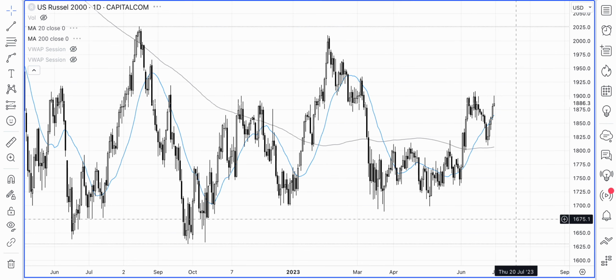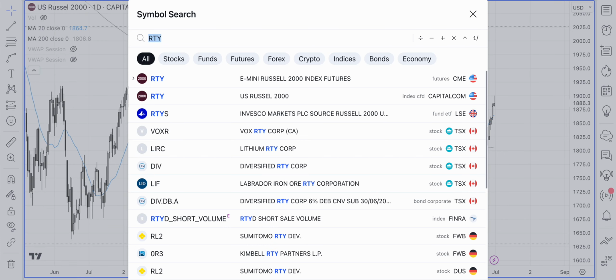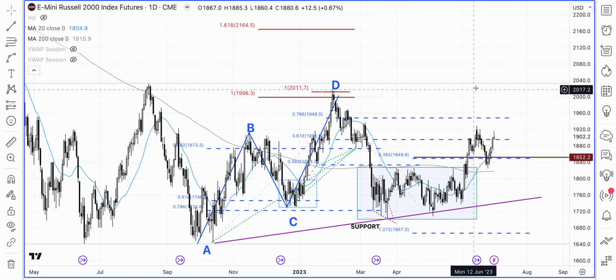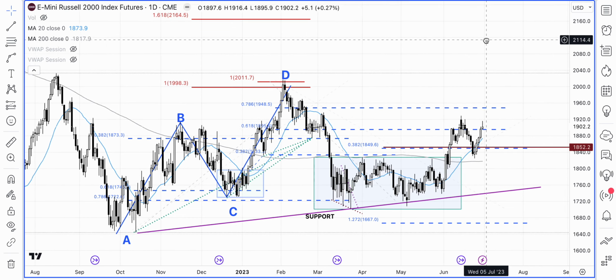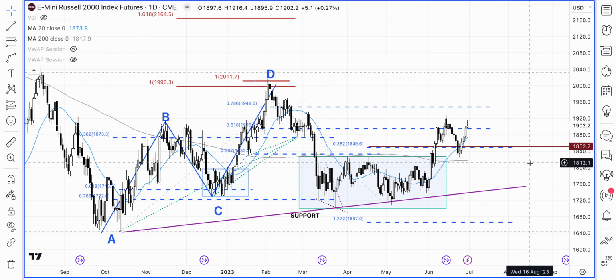Let's take a look at the Russell 2000. So the Russell 2000 is actually pretty weak compared to the other two indices that we saw. However, it pulled back into this trading range right at the top of it, tested that, and now it has gone above our key level of 1852.